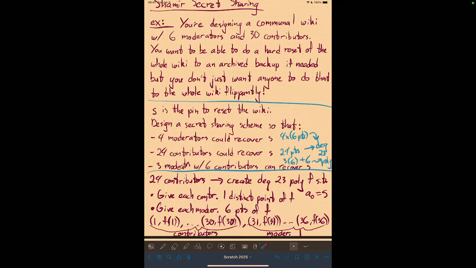This worked out really nicely because I set up the problem nicely. If the specs you have for designing such a secret sharing scheme were more tricky, you might need to be more clever with how you're thinking about polynomials and how you divide up shares or make multiple polynomials or what have you. Yeah?